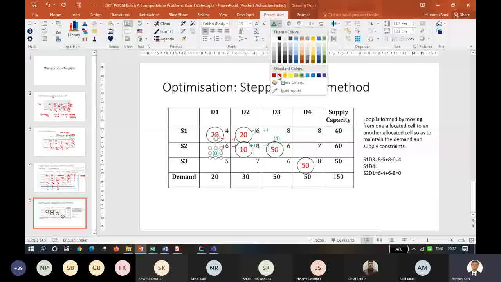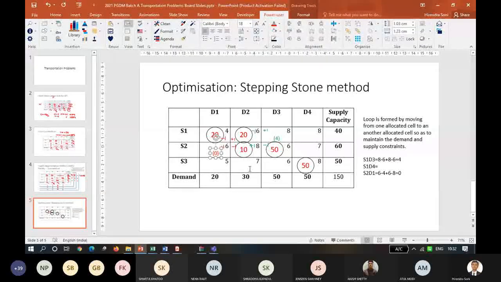Are we clear up to this? So this indicates if I'm going to make an allocation in this cell, it will increase my cost by 4,000 rupees. If I make even a single allocation in this cell, it will not change anything. So the total cost of allocation will not change.